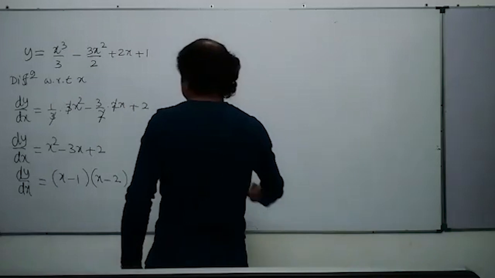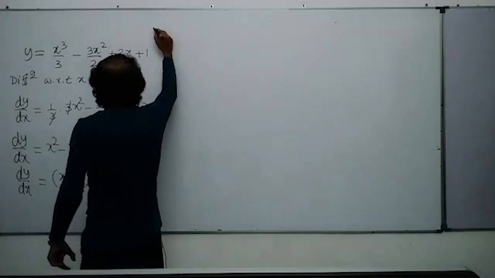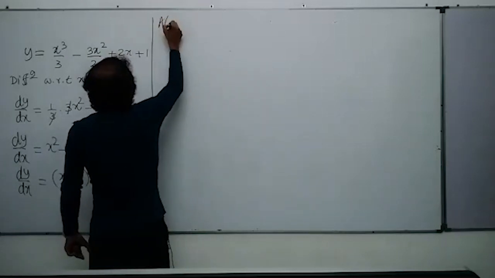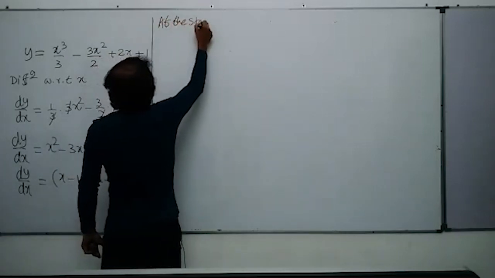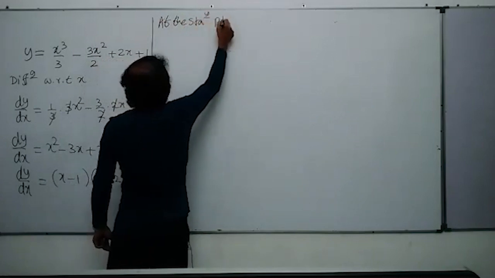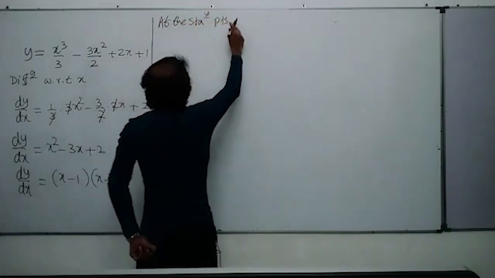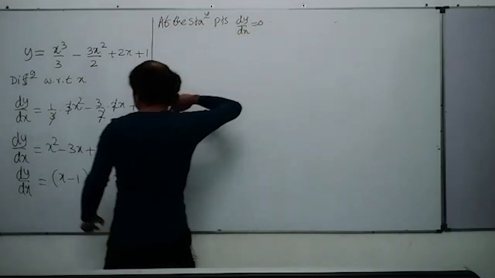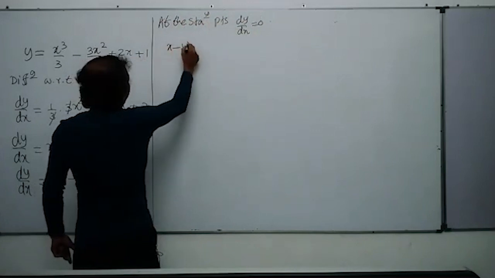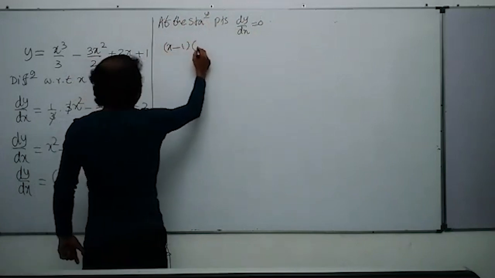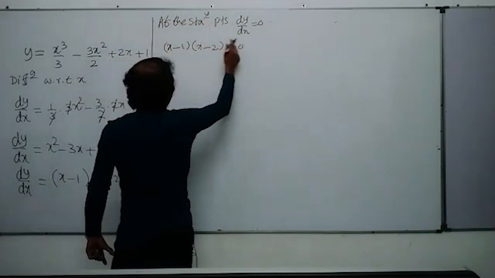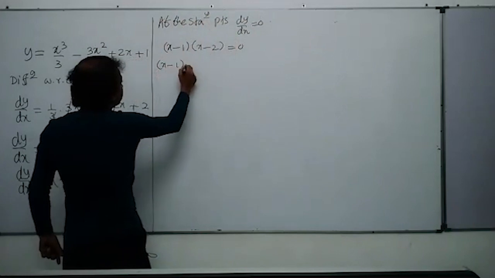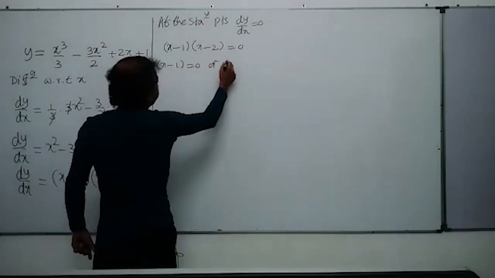Then you can write at the stationary points dy by dx equals 0. Then x minus 1 times x minus 2 equals 0. Equate this to 0.